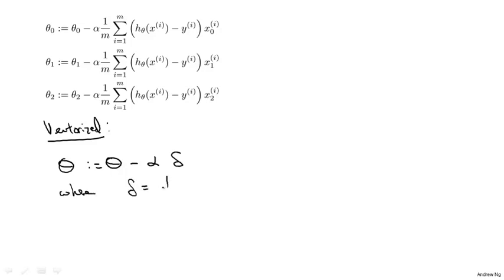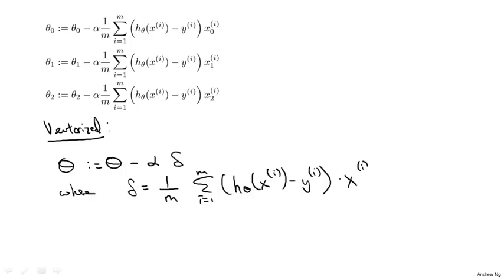Delta is going to be 1 over m sum of this times x^(i). Okay, so let's take these equations and unwrap them a little bit.